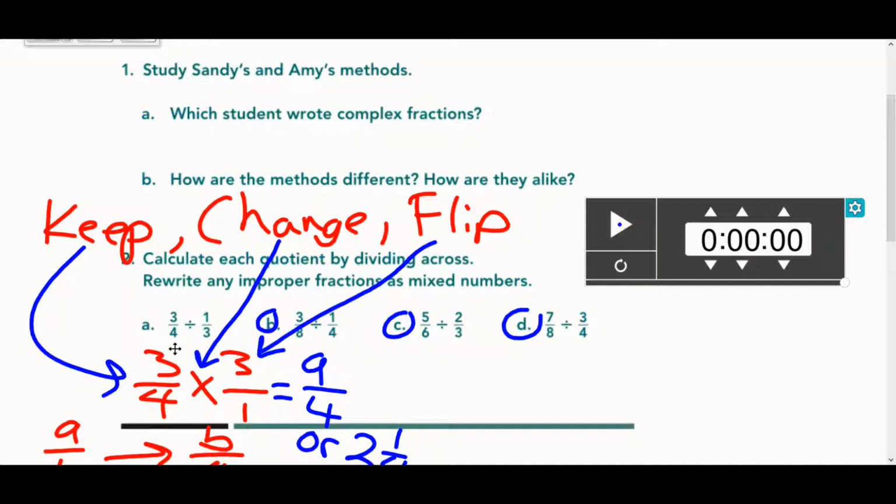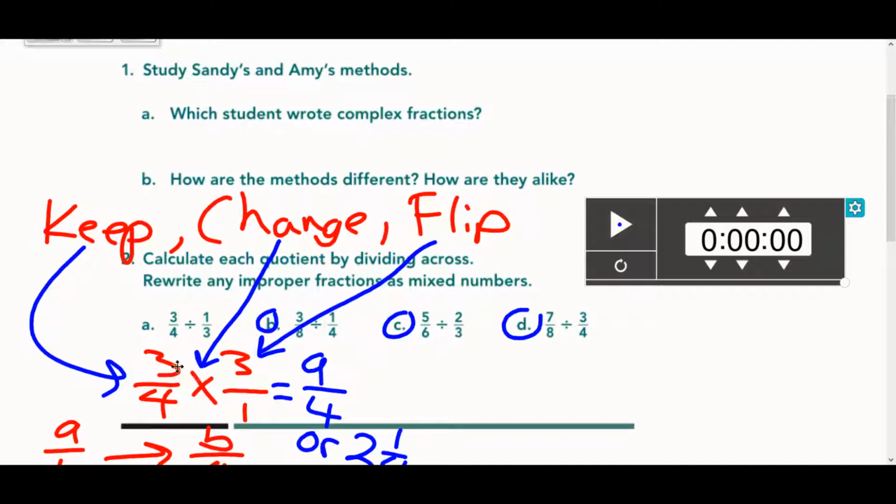Make sure you don't flip it, because we get so excited about flipping fractions that we flip everything. But don't. The first fraction you just keep. So I write 3/4 down just like it is up here, and then I change the division sign into multiplication. And then I turn the 1/3 into its reciprocal, 3 over 1, or its flip. So instead of dividing by 1/3, we're multiplying by 3 over 1.